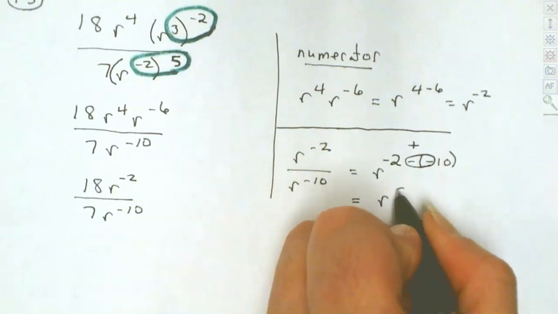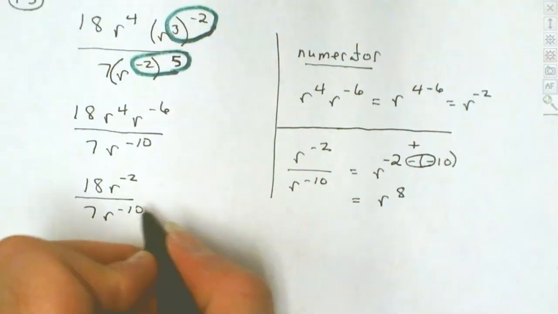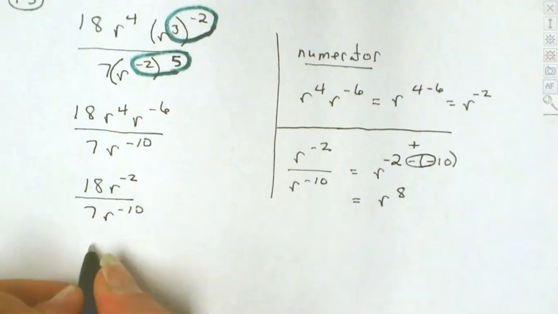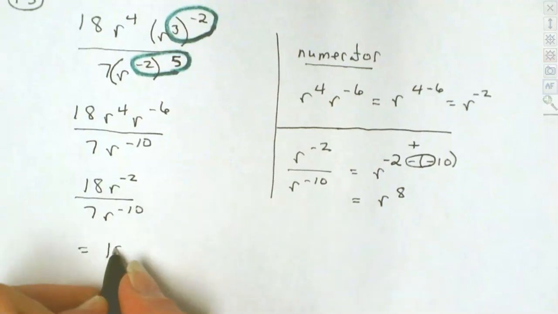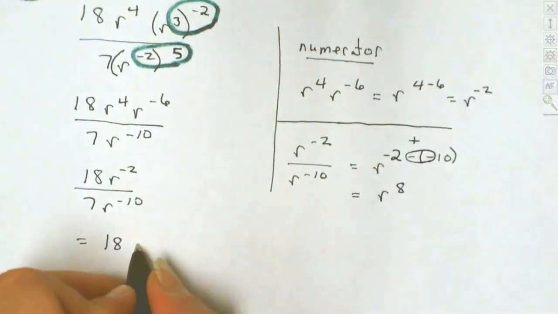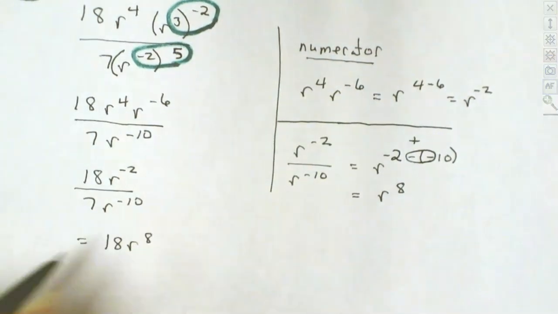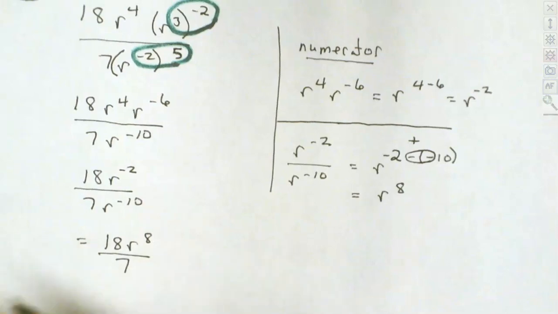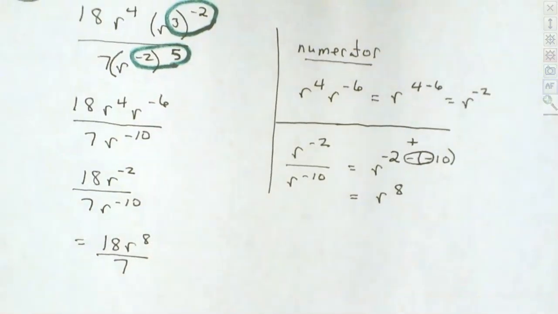So that comes out to be r to the 8th power. So now we've got our final answer, which is 18 r to the 8th power over 7. So we just worked with everything. We combined all of our like terms together, moved things around, and that's our final finished answer.